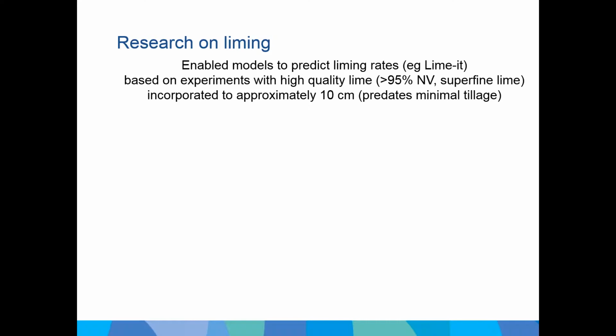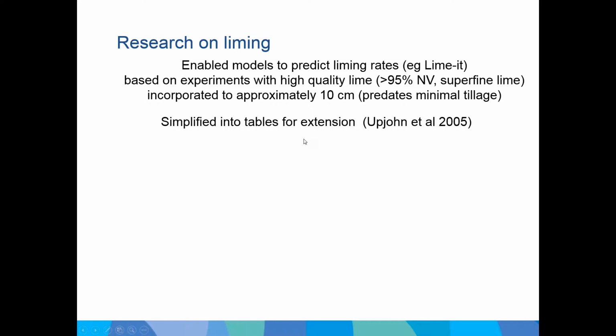Whatever outcomes we now look forward to, and we're trying to fit back to what we know about liming rates, we need to understand that the work done to identify the appropriate liming rates was how they created that information: incorporating lime into 10 centimeters using superfine lime.